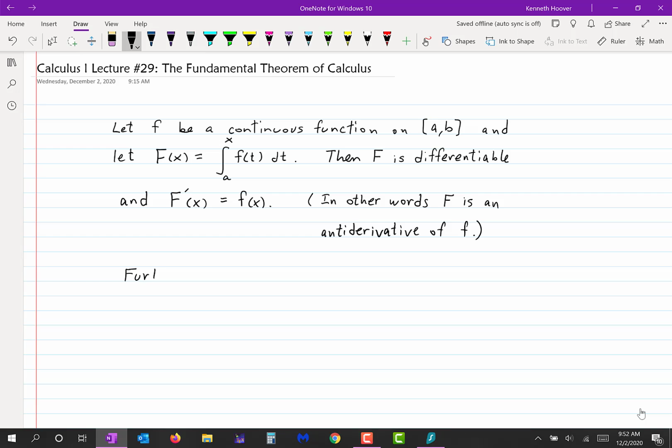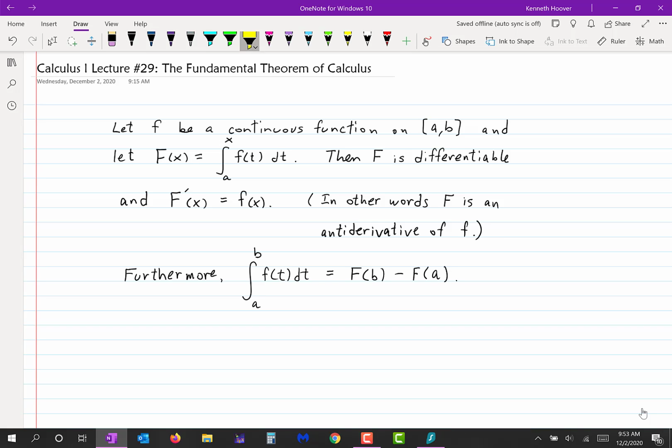Furthermore, the integral of little f from a to b will equal capital F of b minus capital F of a.